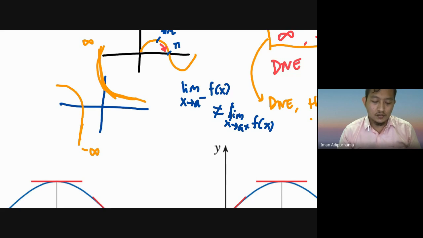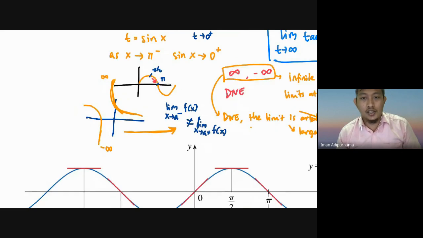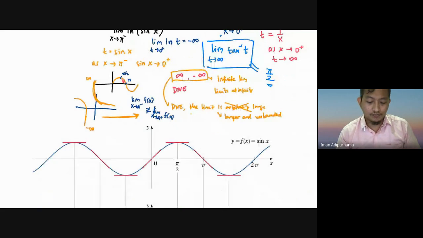But for the existence of the limit, we must precisely write the left-hand and right-hand limits. Because they are not equal, the limit doesn't exist. But if you look at just one side of the limit, we can say it's going to be negatively large, or it's going to have a really, really large result. I hope you get my point from the last Tuesday class.